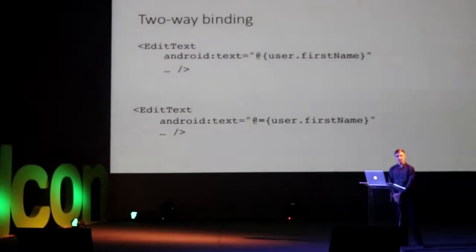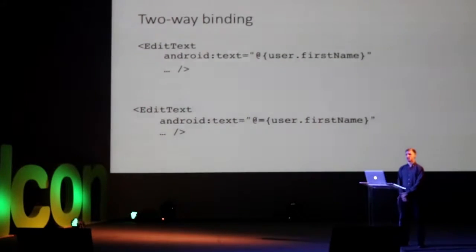Of course, the referenced field, in this case first name, should either be public or have both a getter and a setter, because otherwise you can't update the values. And that's really all there is to it for two-way binding. It's very easy to set up. Only one character, but it can be a big time gain compared to what we did previously with a text watcher and stuff like that.